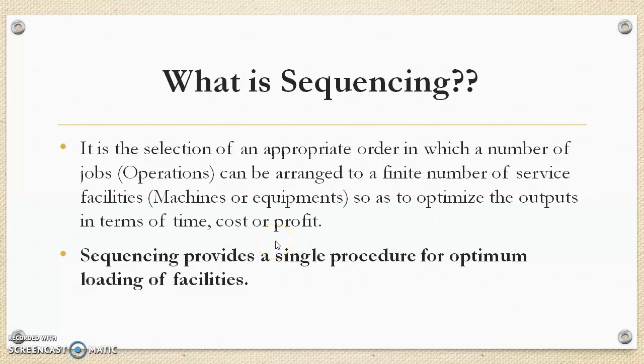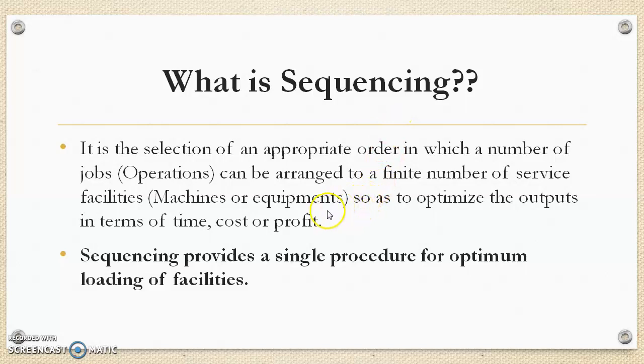Production of finished goods from raw materials consists of several operations, right? So there we require a sequence of activities. Therefore, frequently similar operations required for several products are performed at the same work stations, particularly in intermittent or batch production.